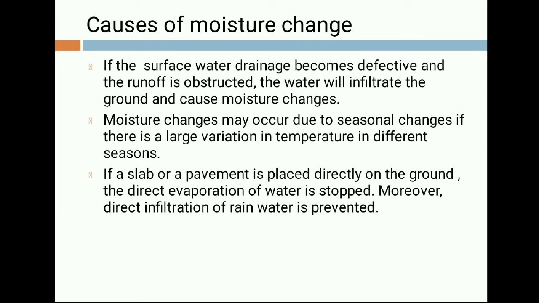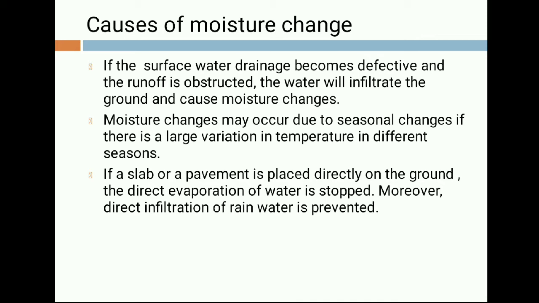If the surface water drainage becomes defective and the runoff is obstructed, the water will infiltrate the ground and cause moisture change. Means if the amount of infiltration is increased because of any problem on the ground surface, that will lead to the increment in the amount of moisture in the soil.